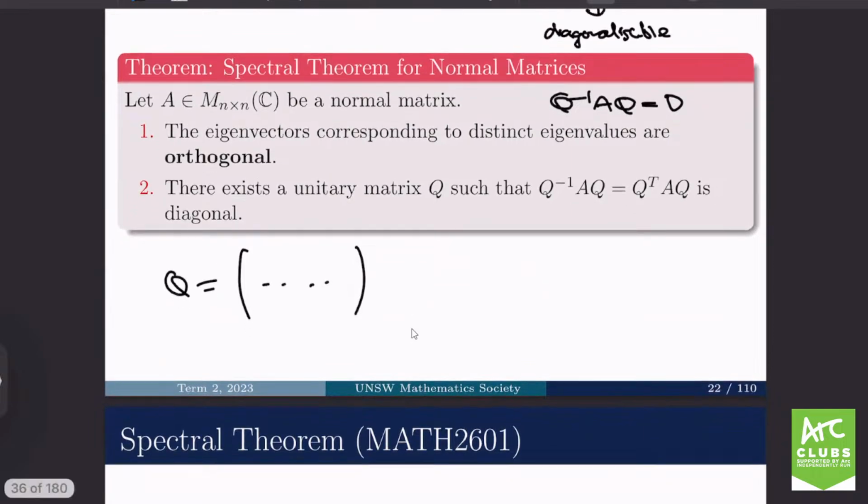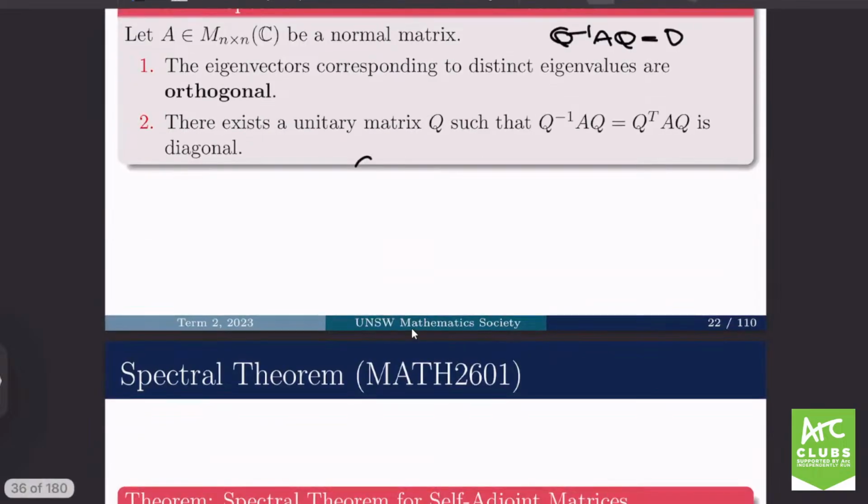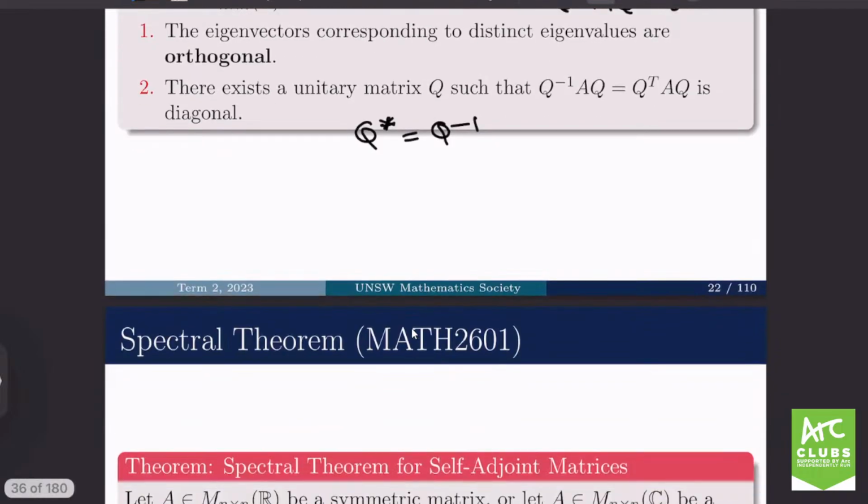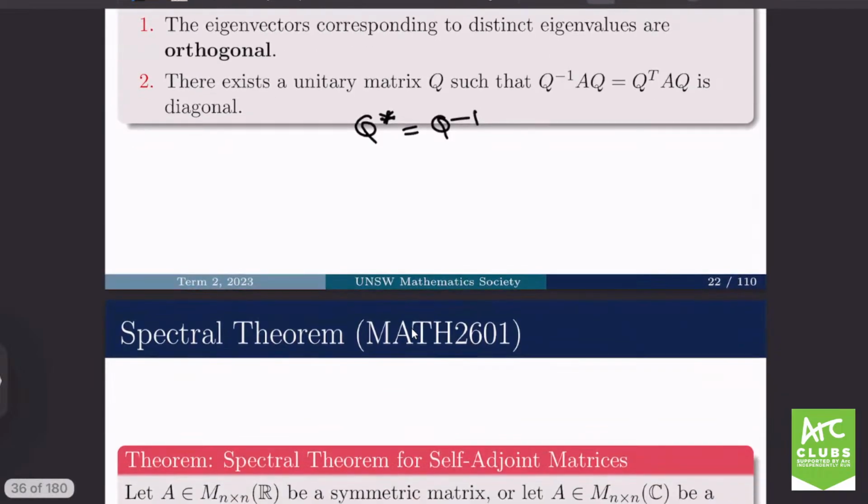Remember that unitary matrices are matrices where the adjoint is equal to the inverse. So any normal matrix is unitarily diagonalizable, which means we can diagonalize it in terms of a unitary matrix like this.